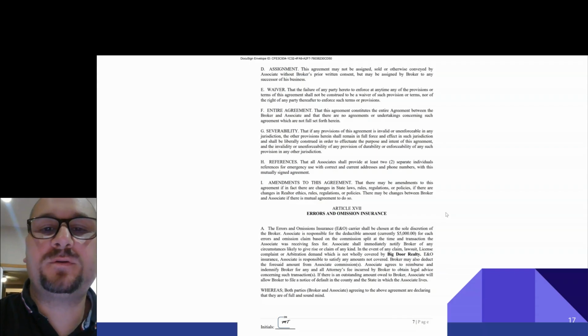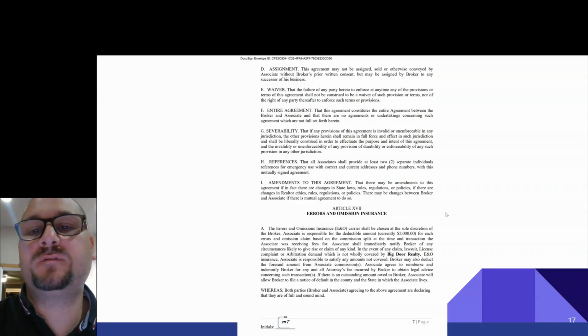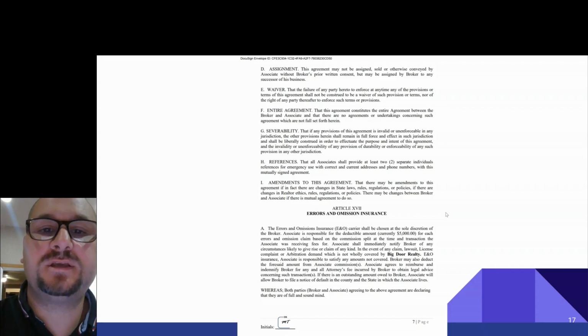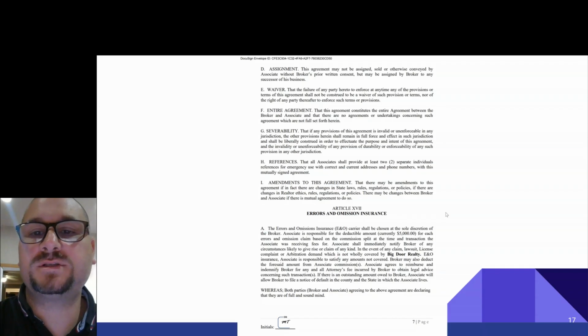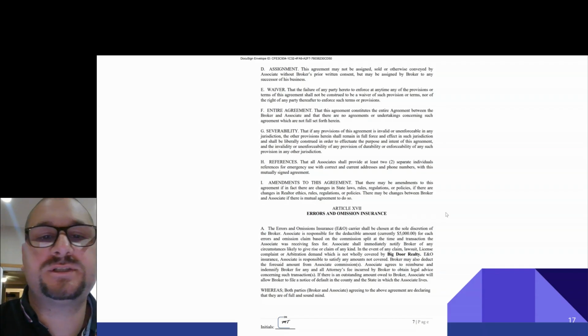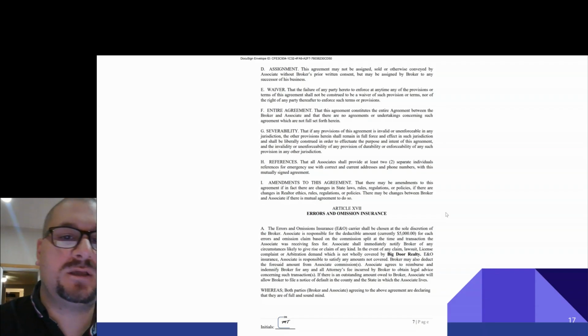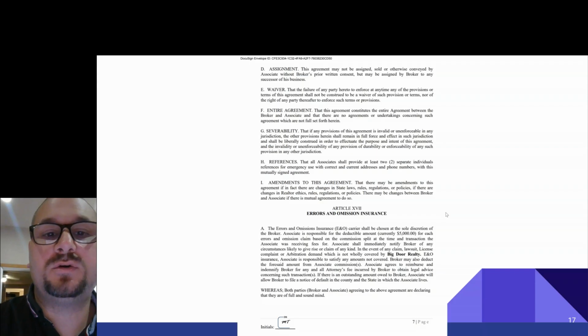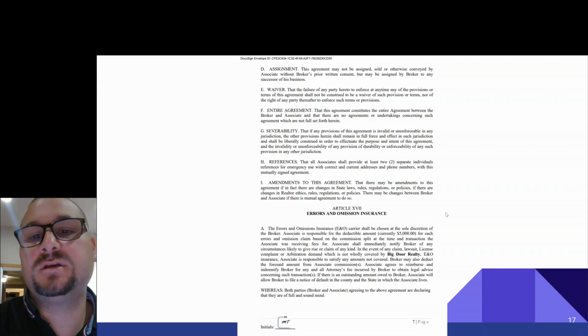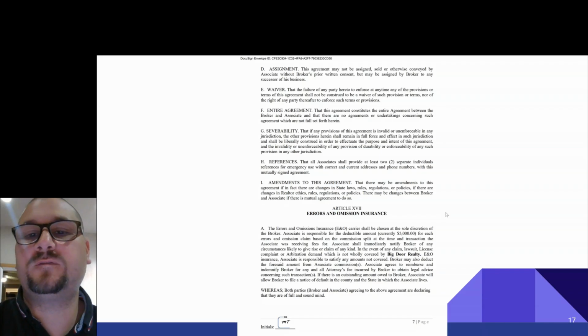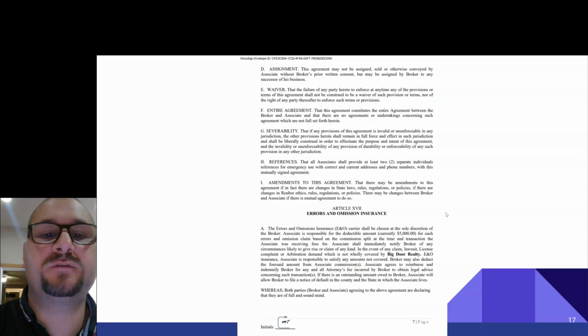If any provision of this agreement is invalid or unenforceable in any jurisdiction, the other provisions herein shall remain in full force and effect in such jurisdiction, and shall be liberally construed in order to effectuate the purpose and intent of this agreement, and the invalidity or unenforceability of any provision shall not affect the validity or enforceability of any such provision in any other jurisdiction.